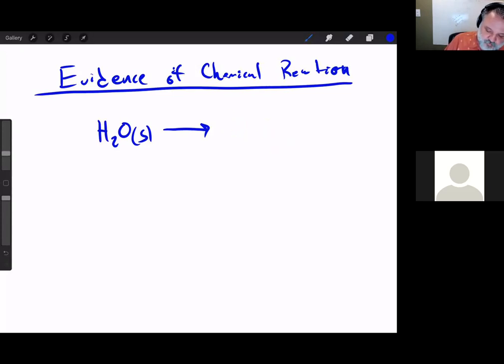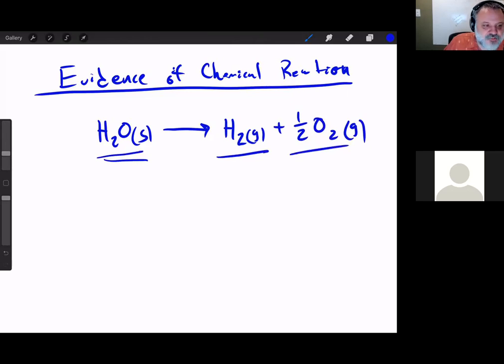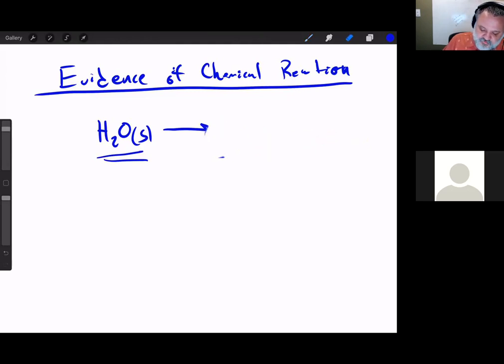In a chemical process, the formulas of things change. So if I take water and I split it into hydrogen and oxygen, then yes, that's a chemical reaction. So what I want to do is list some things that are evidence of a chemical reaction.